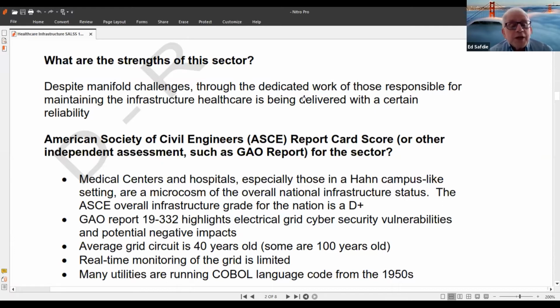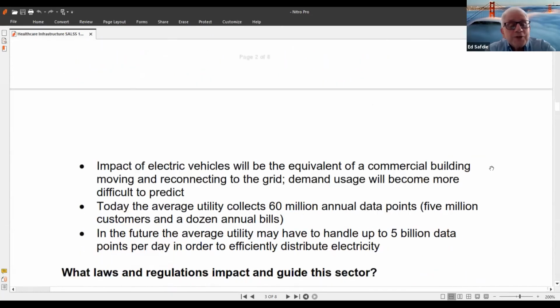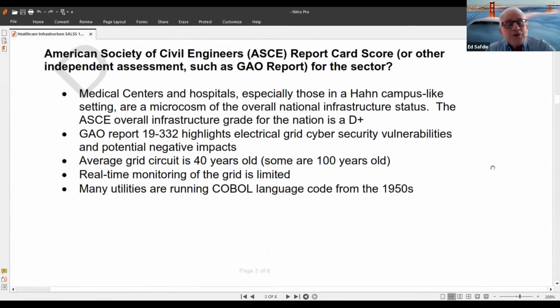Looking at that next sector, the ASCE score for infrastructure, if you could scroll down just a little bit, John. Yes, too much. Thank you. There are campuses like, say, a Stanford or a UCLA where there are healthcare facilities in a campus. They're miniature cities.